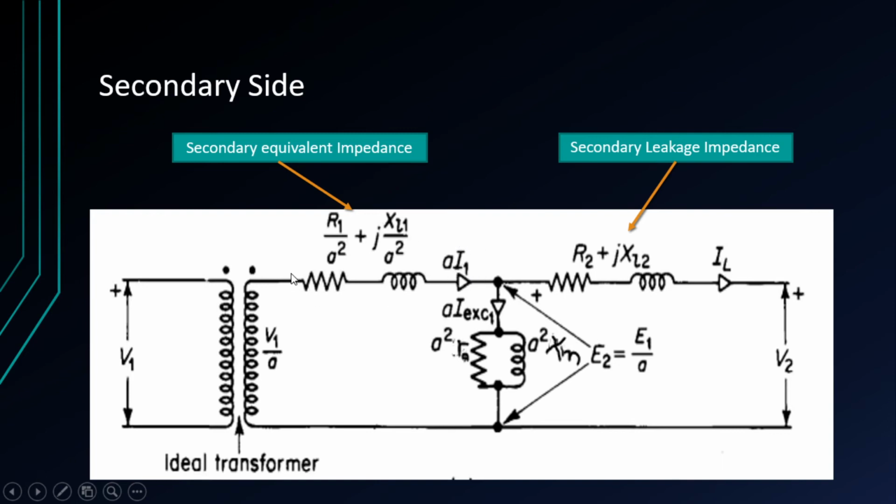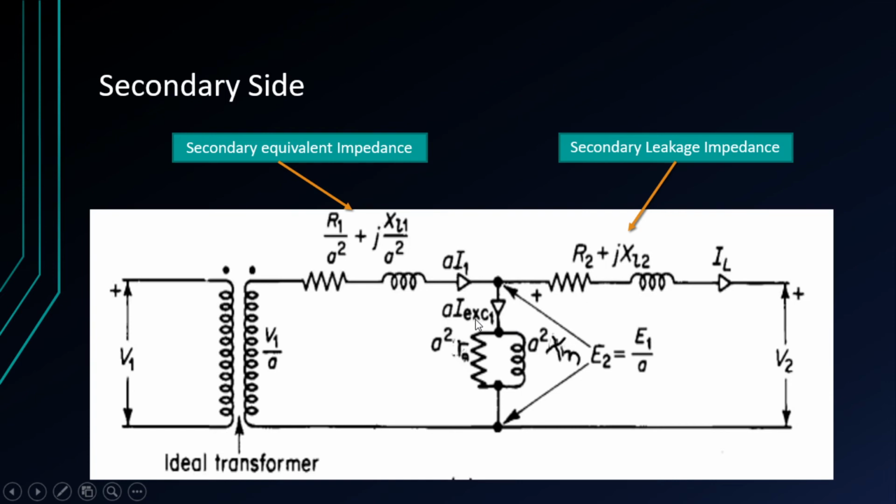So, for example ulit, in the step-up transformer, i-multiply lang natin siya sa turn ratio, yung current, para makuha natin. Meanwhile, the I sub 1, i-divide natin sa turn ratio.